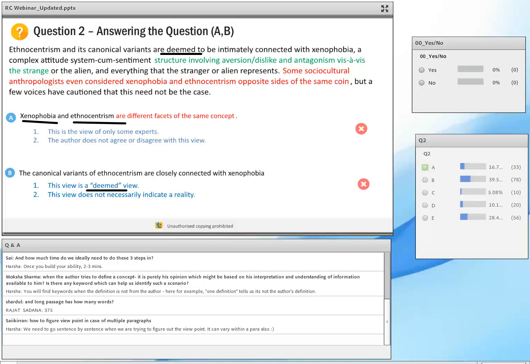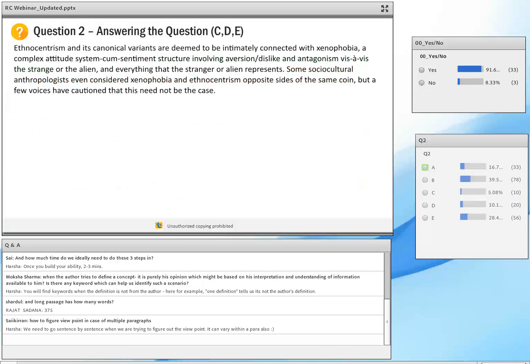Can you really see why this is incorrect? It's someone else's view. And again, these are core skills that you're learning. When we solve a full-length RC passage very soon, you're going to really see why they're so important.